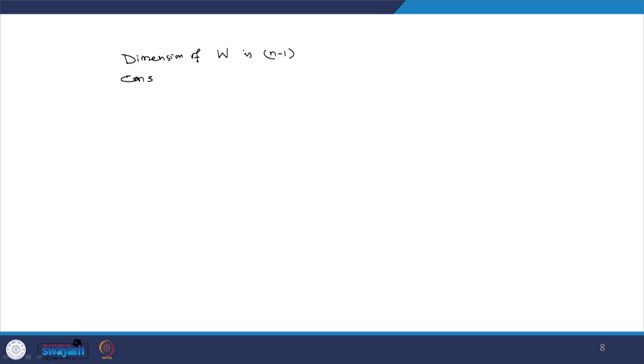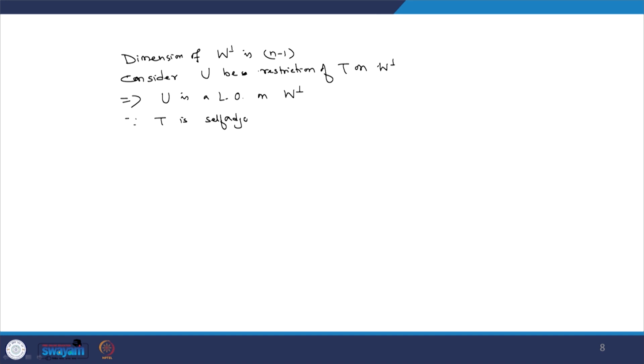Consider U to be the restriction of T on W complement. So, this implies U is a linear operator on W complement. Since T is self-adjoint, so is U; U will also be self-adjoint on W complement.